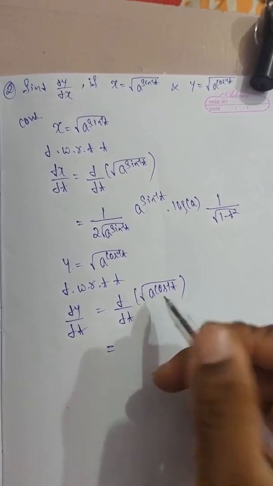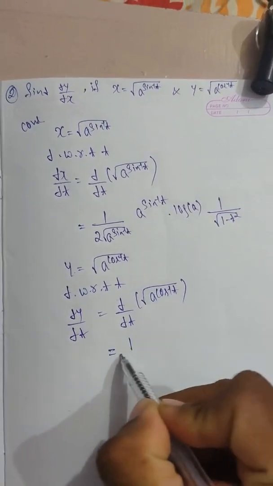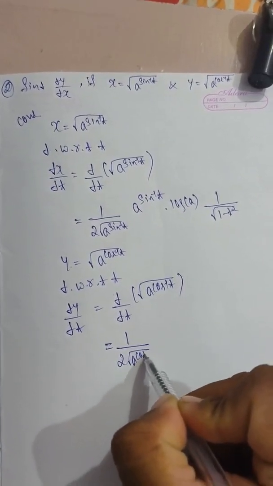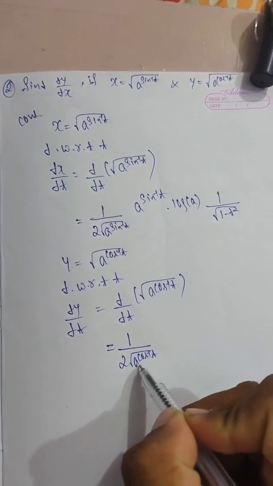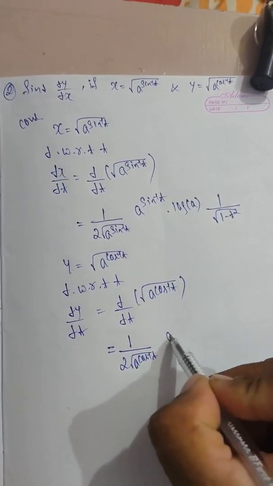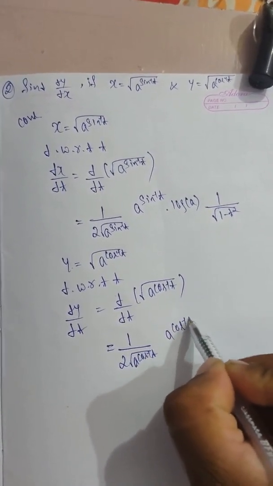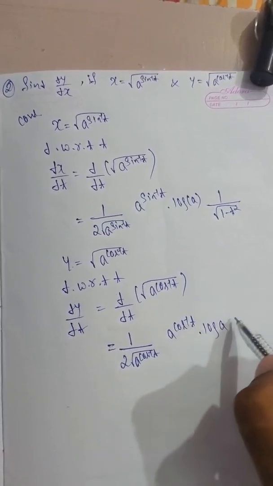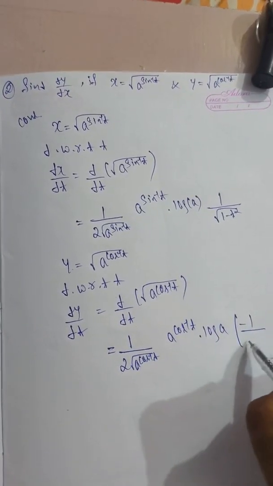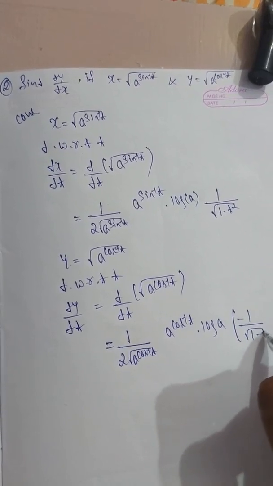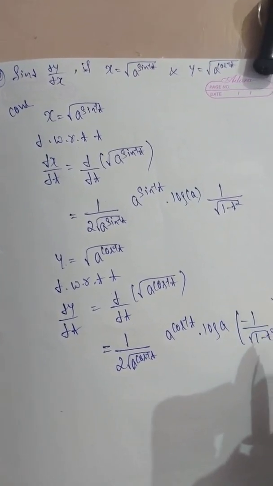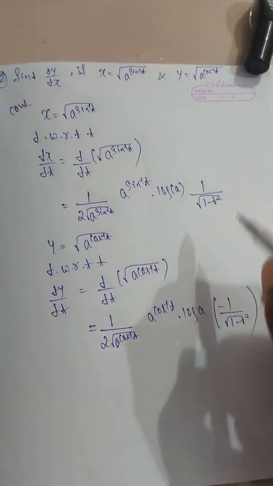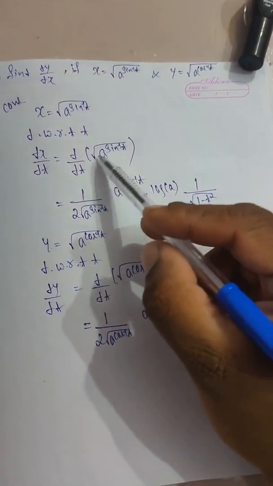Here the differentiation of root is 1 by 2 root of a to the power of cos inverse t. Again the differentiation of a to the power of cos inverse t is a to the power of cos inverse t into log a. The differentiation of cos inverse t is minus 1 by root of 1 minus t square.